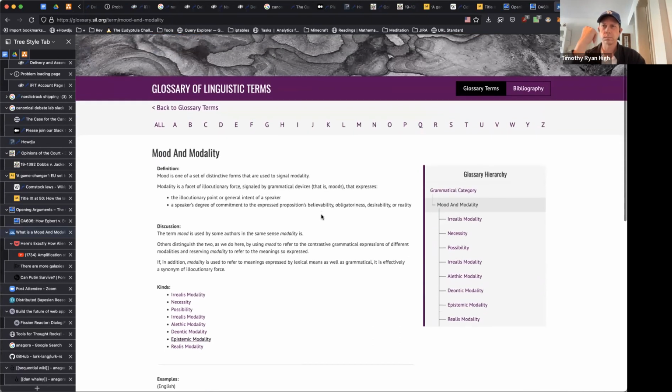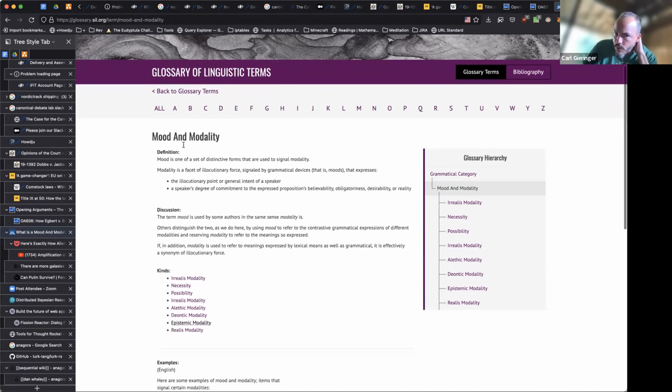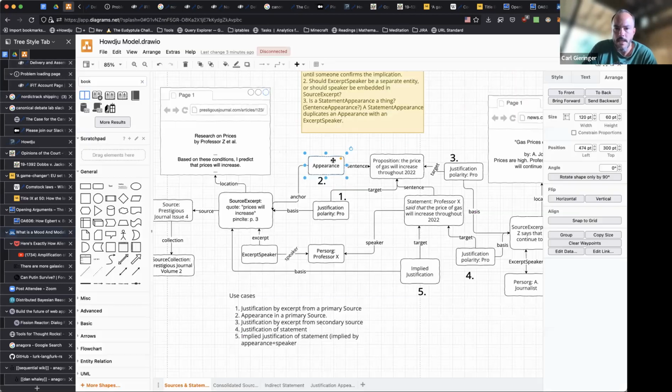I am by no means a linguist, but if you look into mood and modality and all these different ways that languages, through their constructs or even their grammars, create different concepts around the speaker's stance towards some information, the speaker's interpretation of the source, that's what I think I'm trying to capture in this difference.